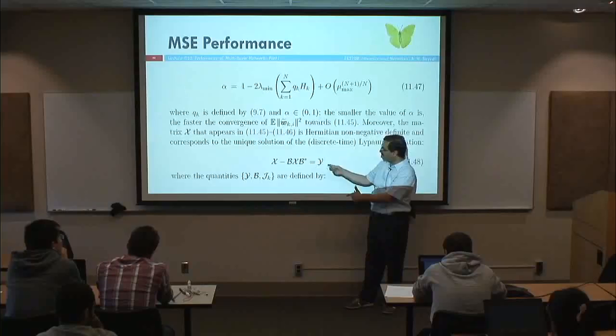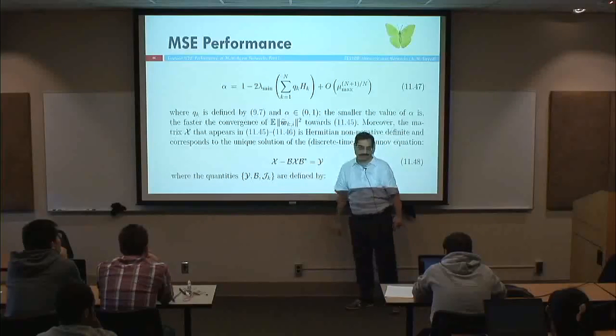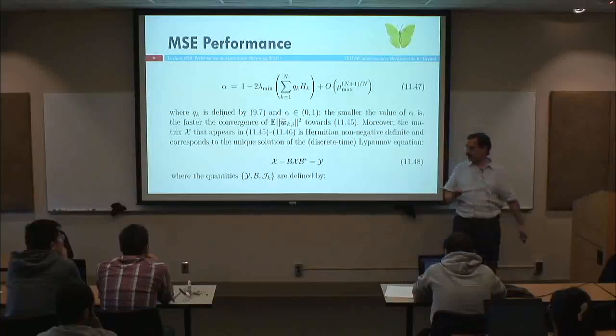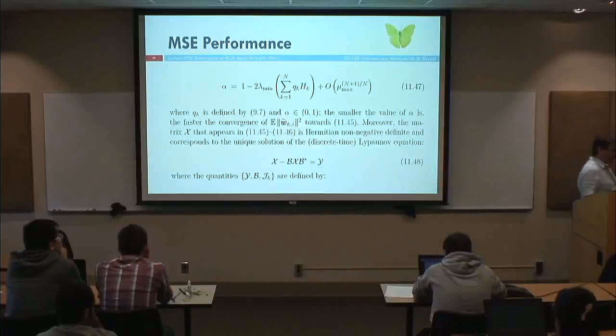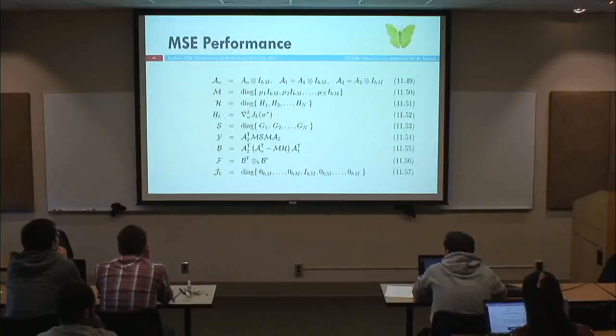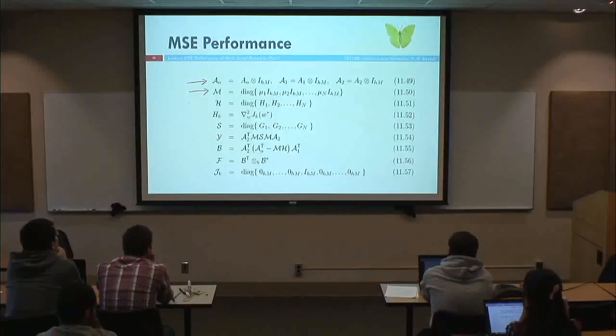We saw them before. I'm going to show you the expressions on the next slide. Put them here, solve this equation, which we know how to solve. I will show you. Then this is the X that you need. So let's put these things together. What are these quantities? Let me remind you. The A's you know, correct? The M you know, step size matrix. The H you know, the Hessian matrices. Right here it is.